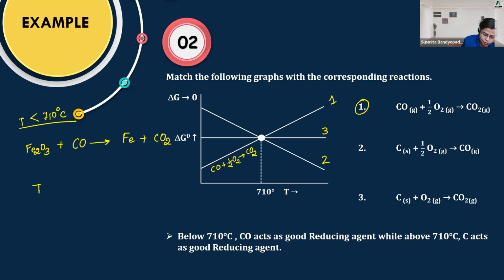But above 710 degrees centigrade, the most feasible reaction, the one whose delta G is most negative, is 2, which means carbon should be on the left and carbon monoxide on the right.